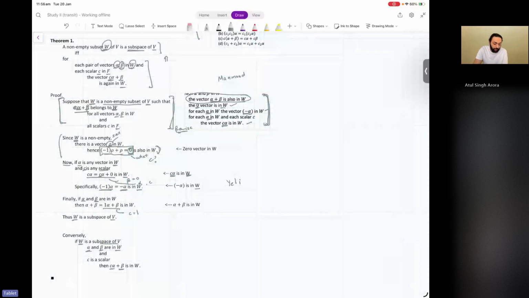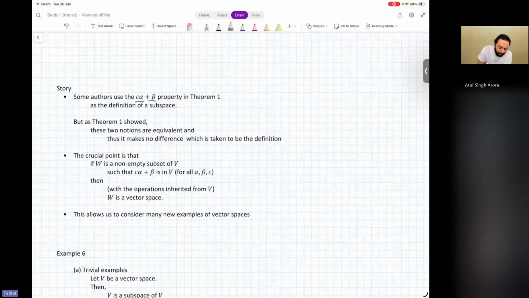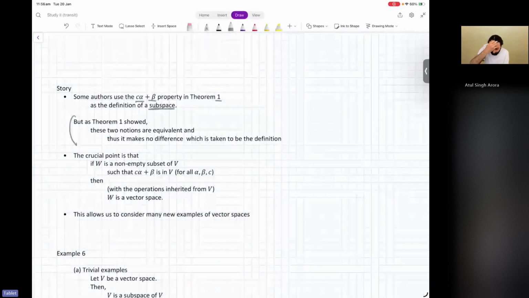Some authors, it turns out, use the C alpha plus beta property that we mentioned in Theorem 1 as the definition of a subspace. But as we saw in Theorem 1, it doesn't really make any difference, whether you use the standard definition, which is in this text, or the C alpha plus beta definition. Okay, they're equivalent.